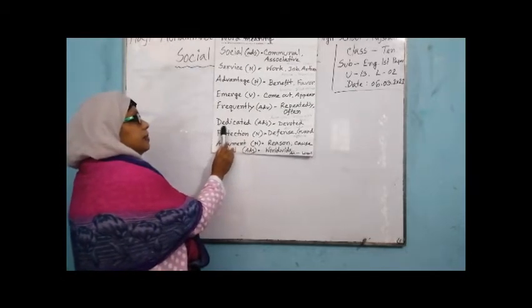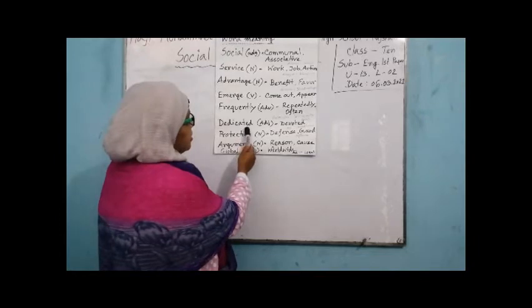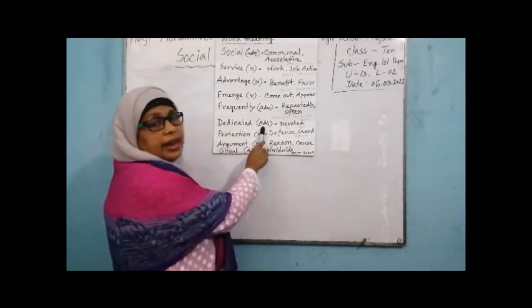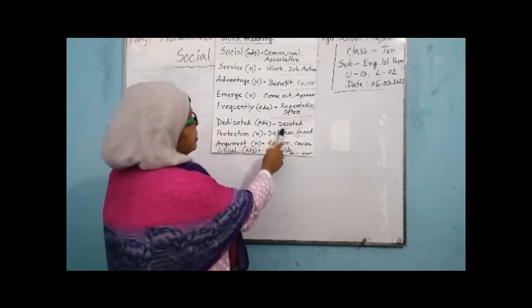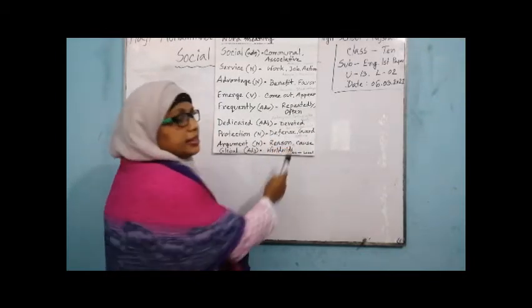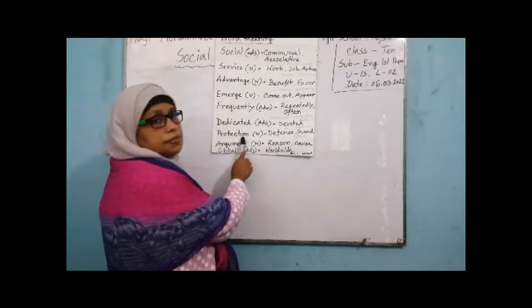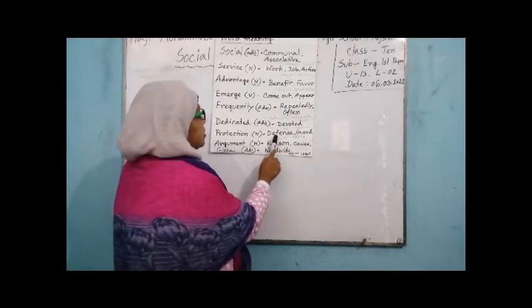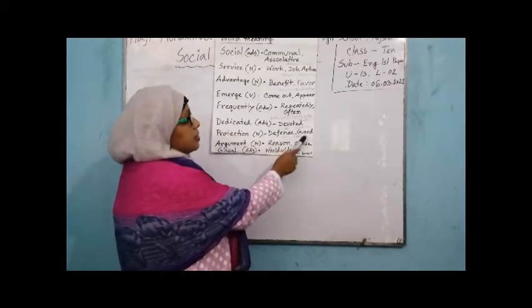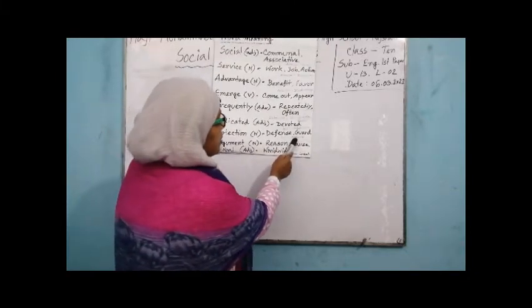Next word, dedicated. Dedicated is an adjective meaning devoted. Antonym, undedicated. Next, protection. It's a noun and its meaning is defense, guard, and antonym, offense.